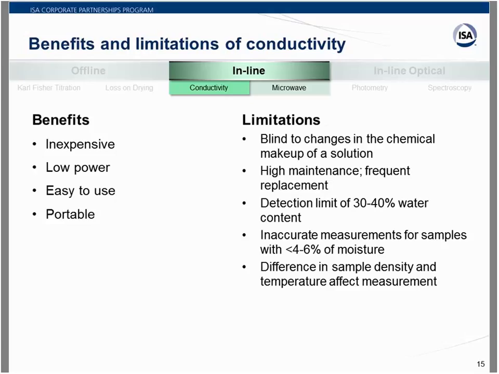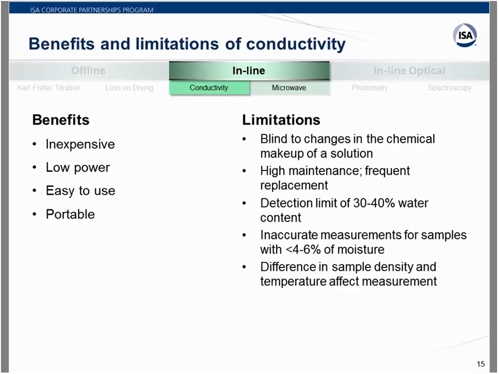Detection limit is 30 to 40% of water content. It'll go down low into the low percentage, high part per million, but you've got limits there. The moisture becomes more inaccurate, again, because of the tailing consideration and wall effect, less than 4 or 6% of moisture or water.